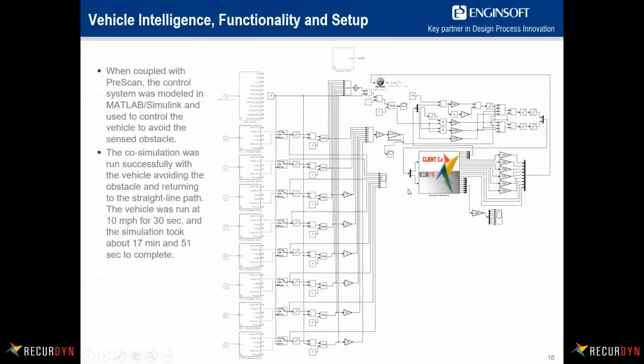So this is showing one of the control systems that was developed. This is in MATLAB, and there was interaction with the PreScan software through MATLAB. And these different sets of similar looking blocks of data correspond to the different sensors. There's 8 total sensors, and so we can see the block for each sensor.